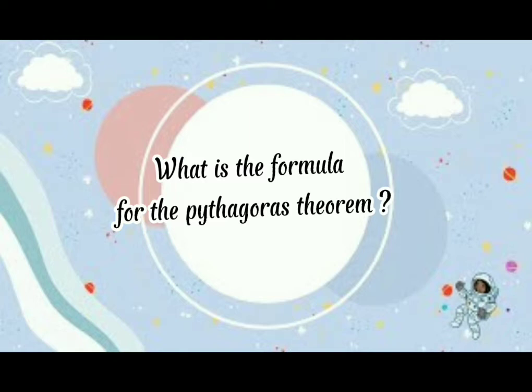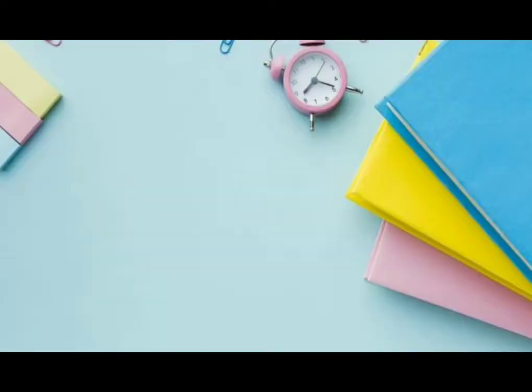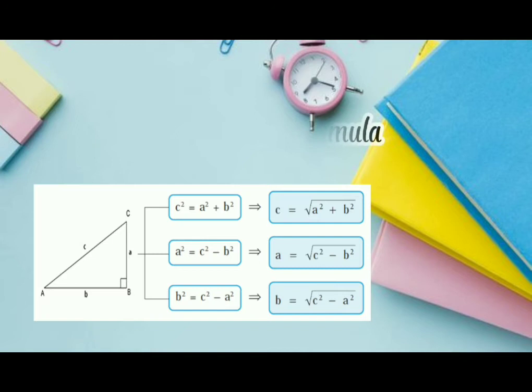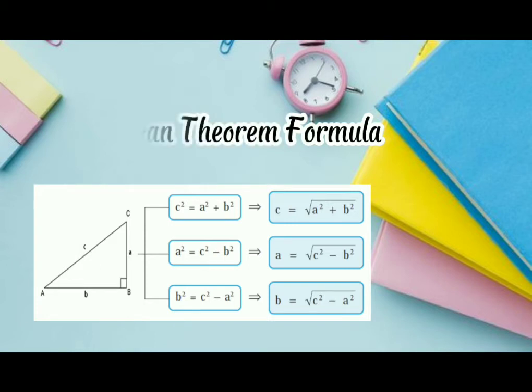What is the formula for the Pythagorean theorem? Okay, the Pythagorean theorem formula is, for the hypotenuse or C, C squared equals A squared plus B squared, or C equals the square root of A squared plus B squared.